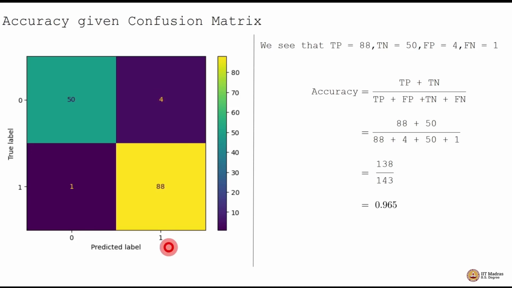There are 4 values where the model has falsely predicted positive, so false positive is 4, and 1 false negative where it has falsely predicted negative. Now we can substitute these values in the formula for accuracy, and we end up getting a value of 0.965, which is the same as that obtained from the sklearn function.